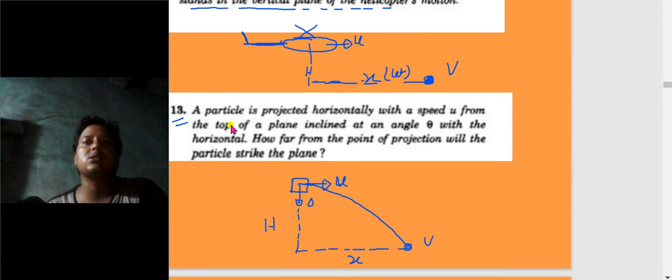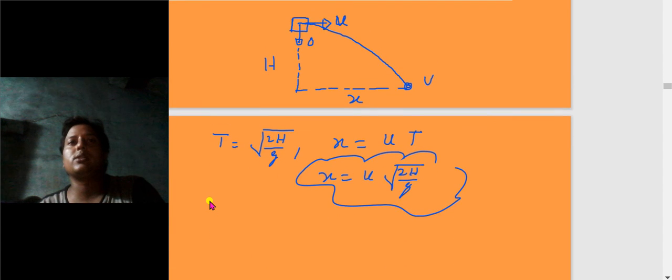Now in question number 13, how far from the point of projection will the particle strike the plane? There is an inclined plane having an angle theta. A projectile is projected horizontally with a speed u. We have to find this range r. How can we calculate?